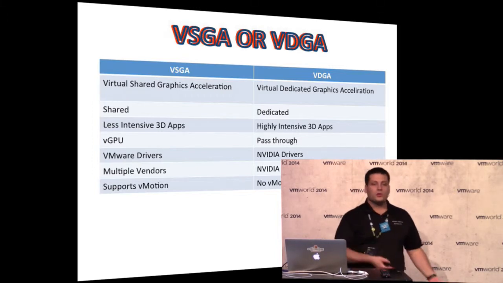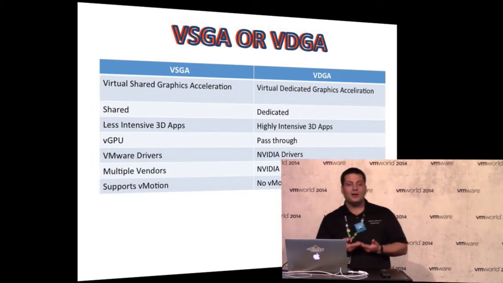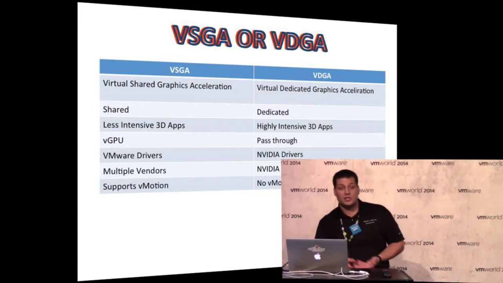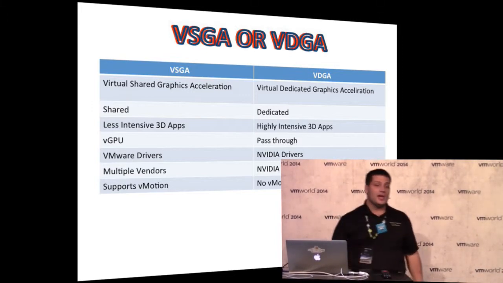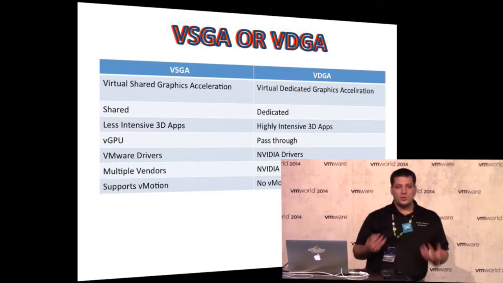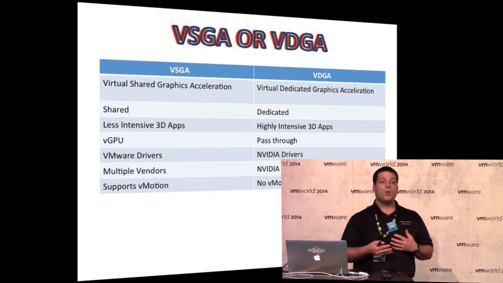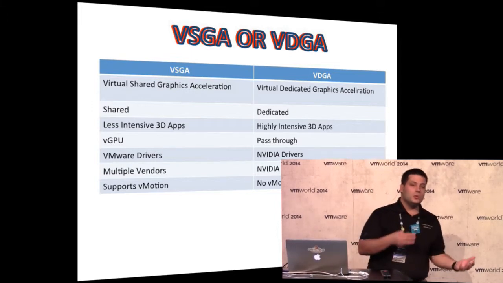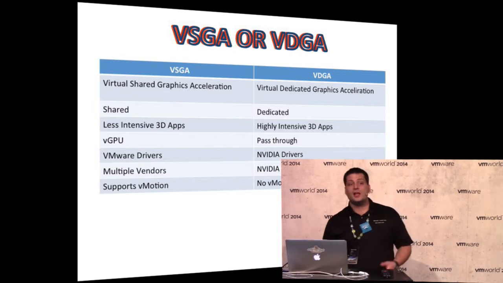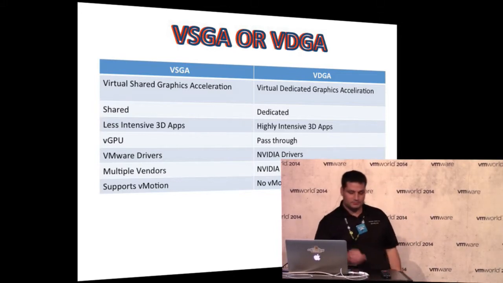With VDGA, we're literally passing that graphics card processor, or GPU, up to the virtual machine. When you're using VDGA, you don't get to use vMotion or any of the other movement technologies that you would with VSGA, because that hardware is dedicated to the virtual machine.